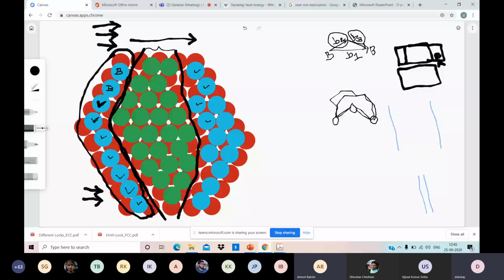The lowest energy is exactly it. Ultimately it's energy that you have to understand. What I have told, don't consider it will happen always. It will happen if there is a condition. What is the condition? If the energy of the B1 Burgers vector movement is greater than the energy of B2 plus B3 Burgers vector movement.